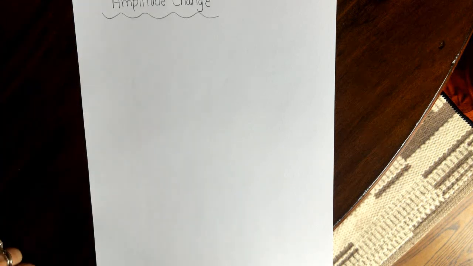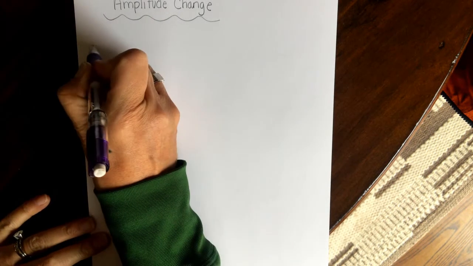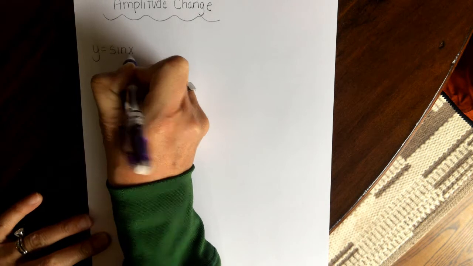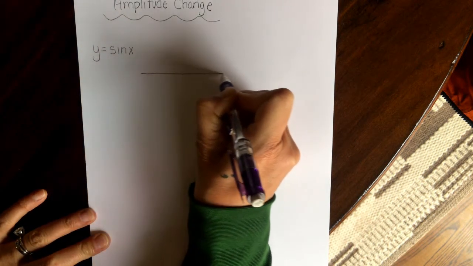Now I'm going to talk about the sine and cosine function and what happens to the functions when the amplitude changes. So I'm going to start with our parent function for sine, y equals sine x, and I'm going to draw it quickly.